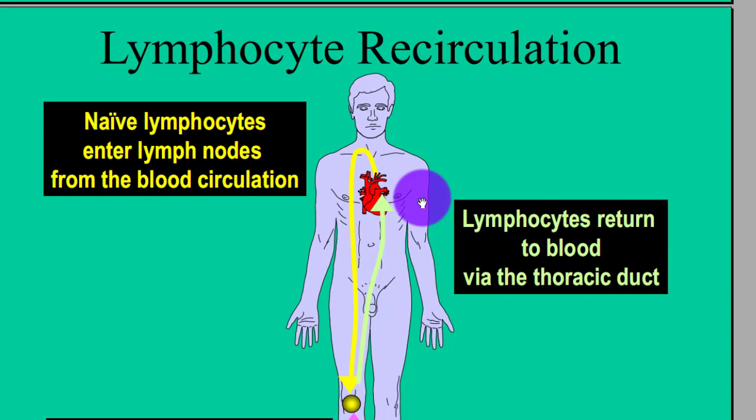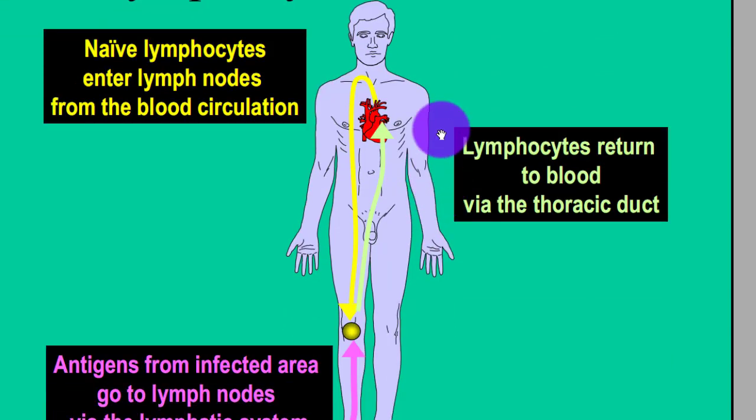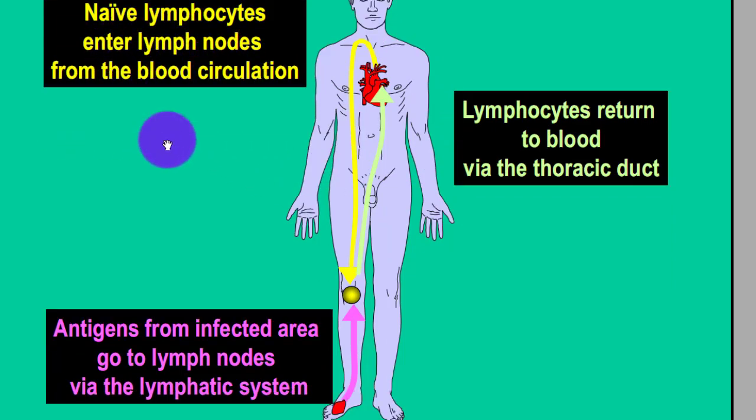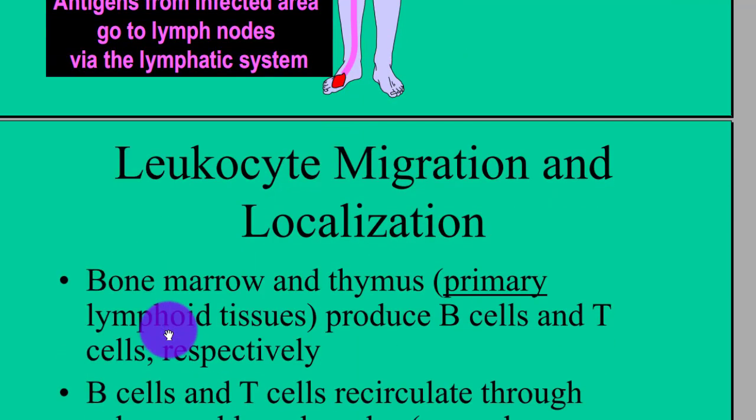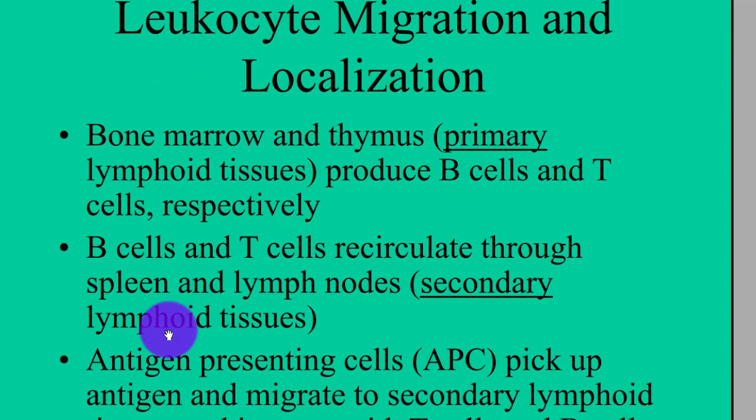Lymphocyte recirculation is the system of the lymph system. Naive lymphocytes enter lymph nodes from the blood circulation. Lymphocytes return to the blood via the thoracic duct, and the antigen from the infected area goes to the lymph node via the lymphatic system.